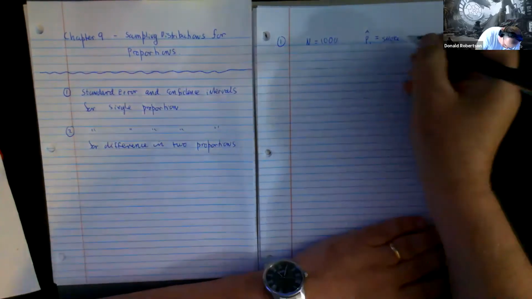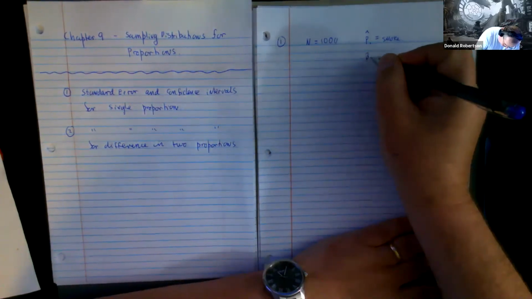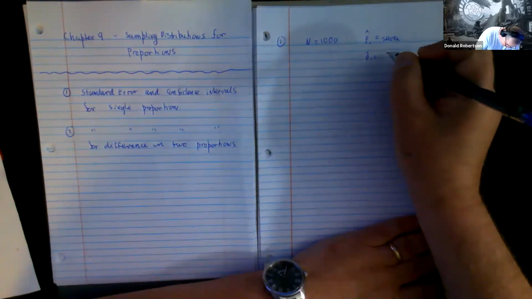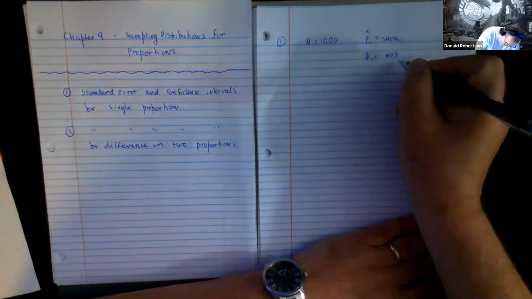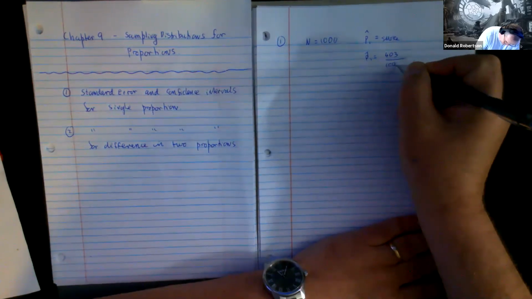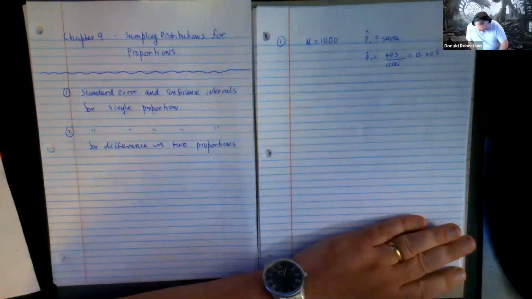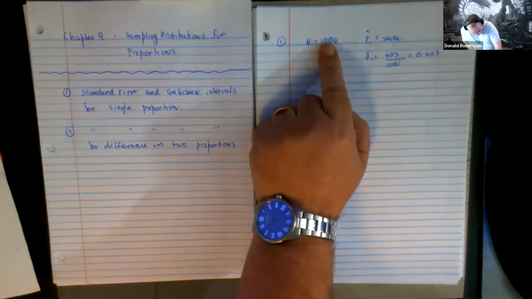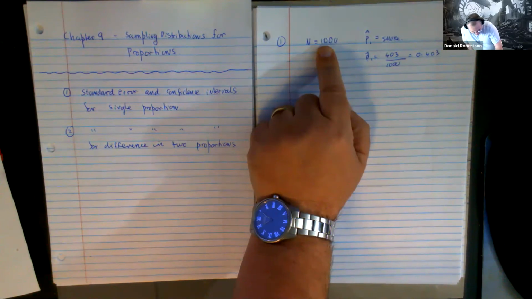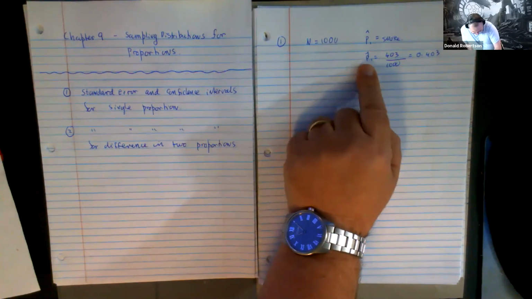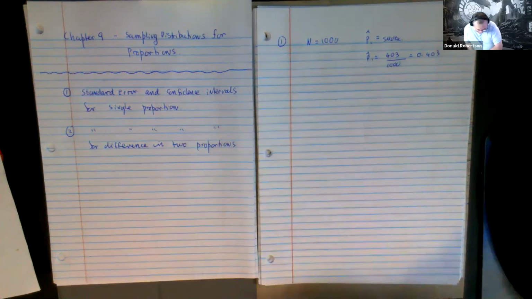And the percentage who smoke was 403. And I would like to take my sample of 1,000, which is a nice simple random sample of adults who are of the age that they can smoke. And I'd like to take this sample of, well, 40.3%.